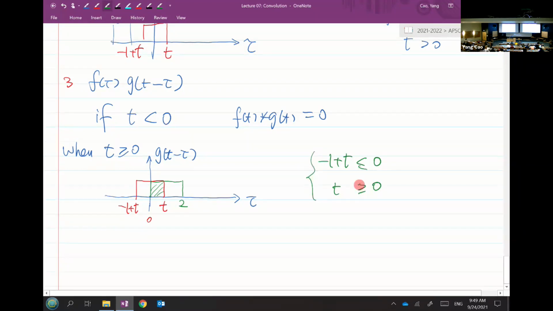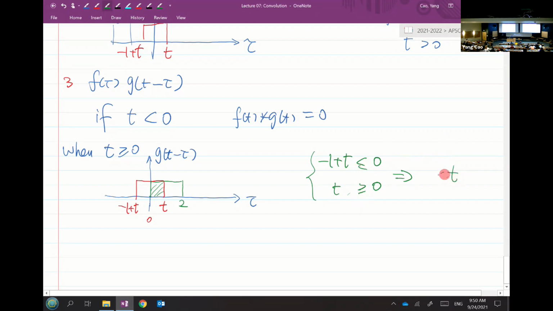If I impose this condition, then I'm guaranteed that this box is in this sort of situation, right? And what does this constraint give us? The first one gives us t less than 1, right? The second one gives us t greater than 0.